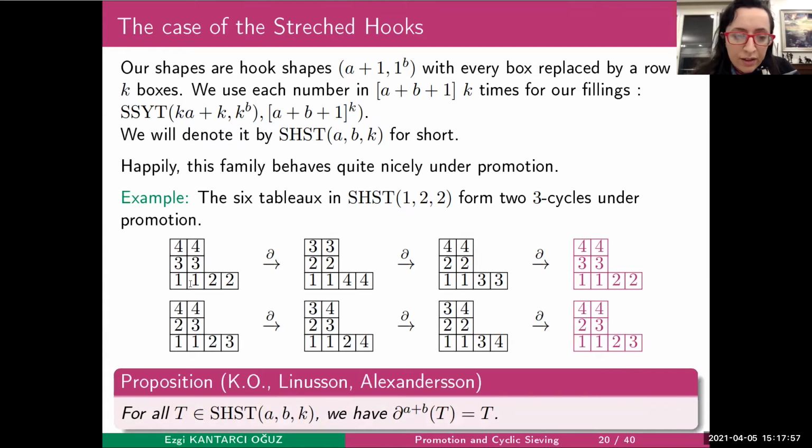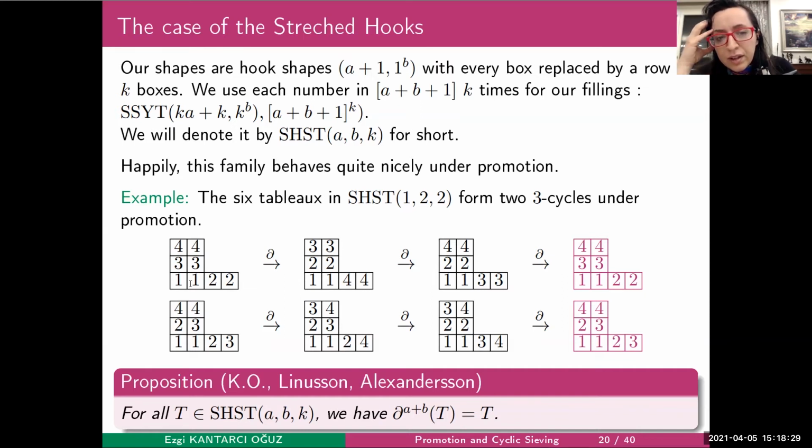And it turns out this is how promotion acts in general. So the order of promotion is going to be given by a plus b, which is actually the alphabet size minus 1. In the rectangular case, the order of promotion was given by the size of the alphabet. And in these hook shapes, we have the minus 1. And it is mainly because the ones here do not have a big role.